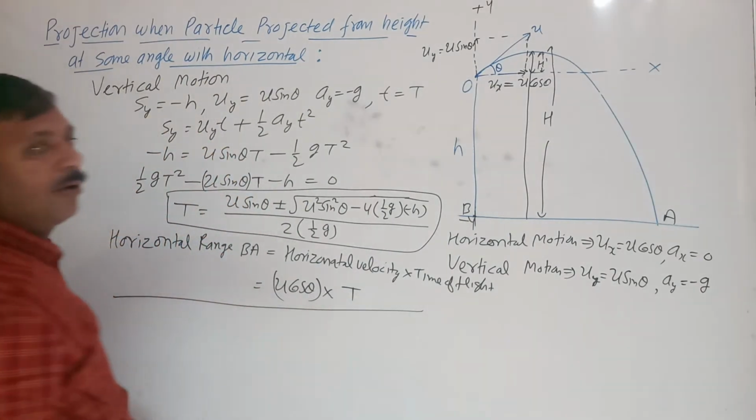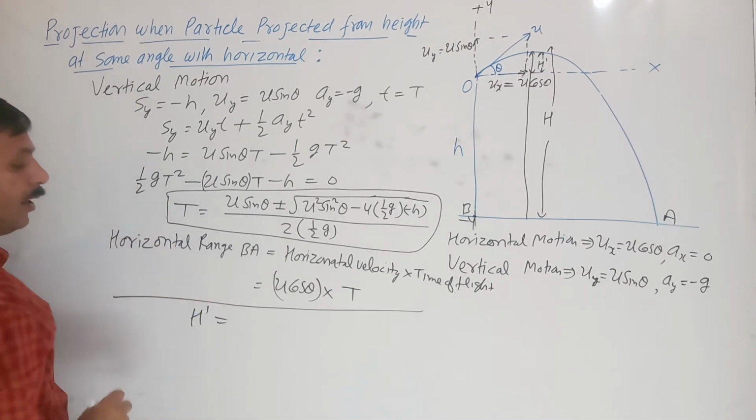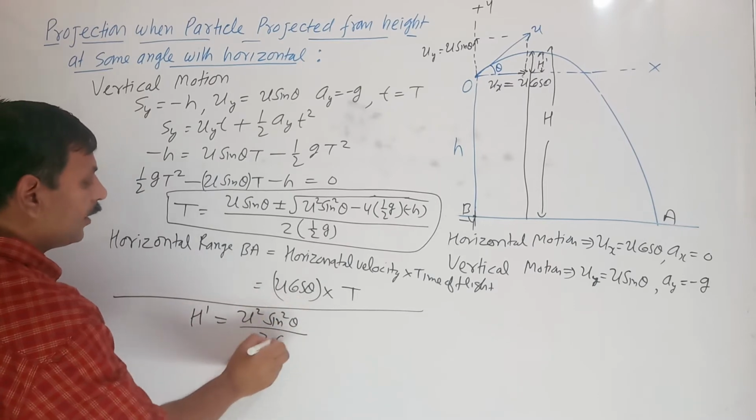If projected from the ground, the maximum height formula is u square sin square theta upon 2g.